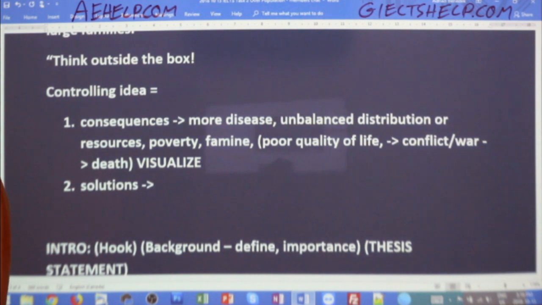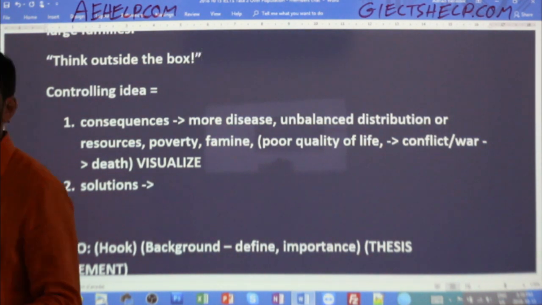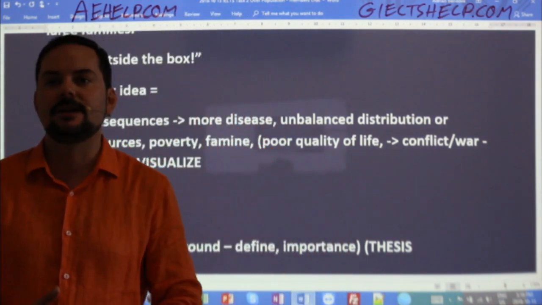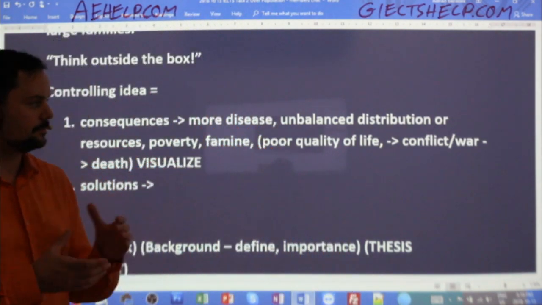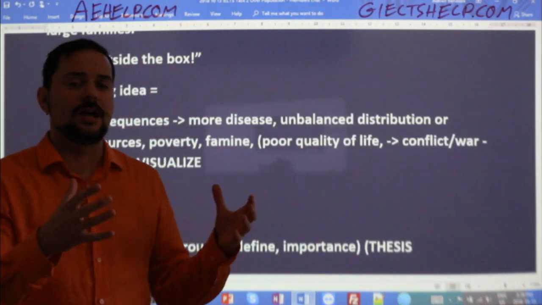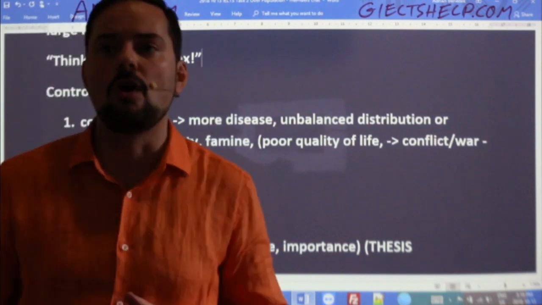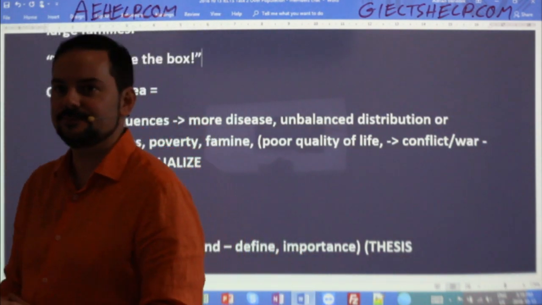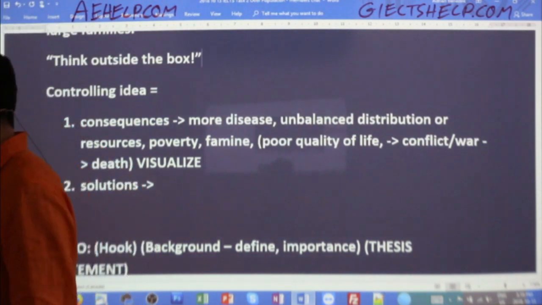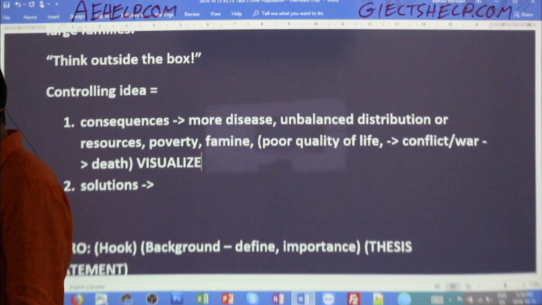Thinking outside the box means that you are thinking critically and you're not just getting lost with details, but you're able to see the big picture and see points that are maybe not so obvious. Speak openly, respectfully, but openly, okay? So here we go. We figured that out.